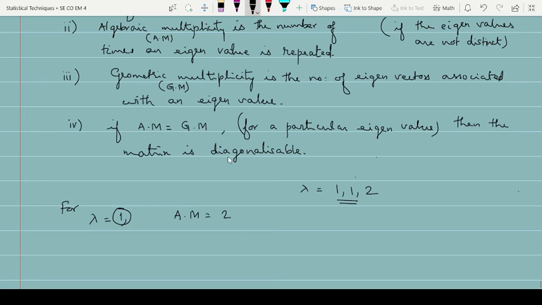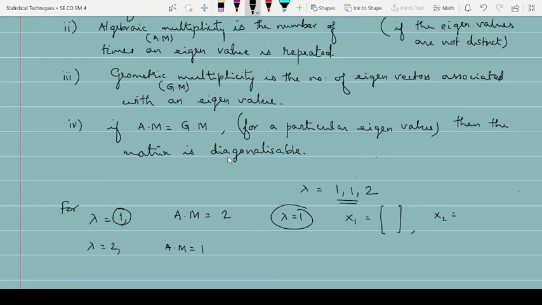So here for lambda equal to 1, AM is 2, and for lambda equal to 2, algebraic multiplicity is 1 because it occurs only one time. Now geometric multiplicity means the number of eigenvectors associated with an eigenvalue. Suppose when lambda equal to 1, I got two vectors x1 and x2.